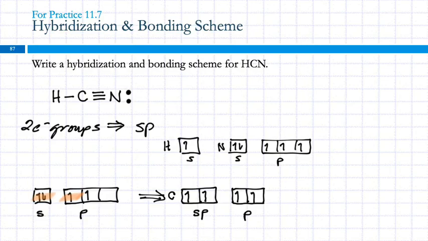So when we're finding out the bonding scheme, what kind of bonds are being made, I have a hydrogen and a carbon attached to each other. That has to be a sigma bond. So it's going to be a hybrid orbital on the carbon and whatever hydrogen has.